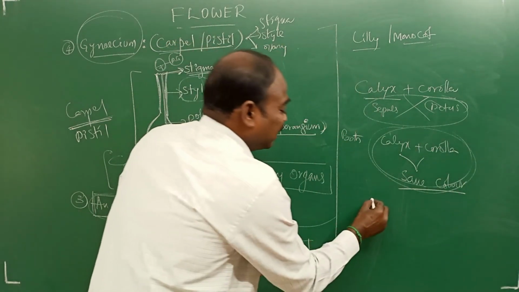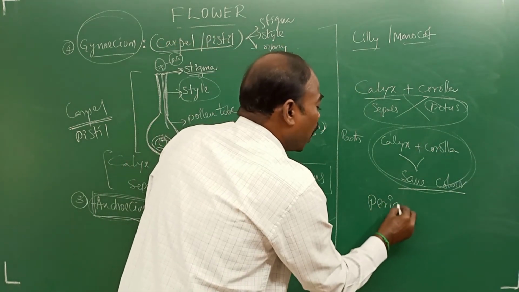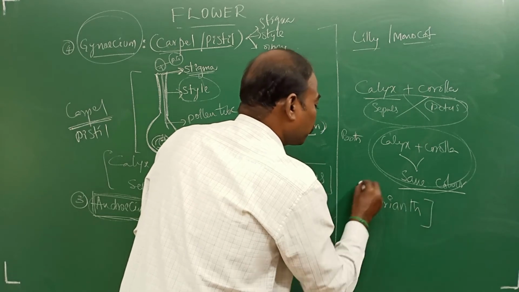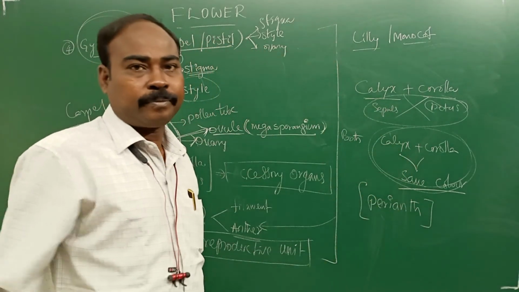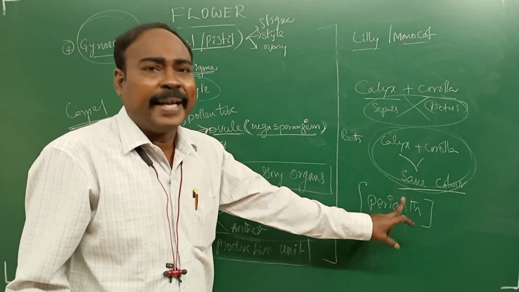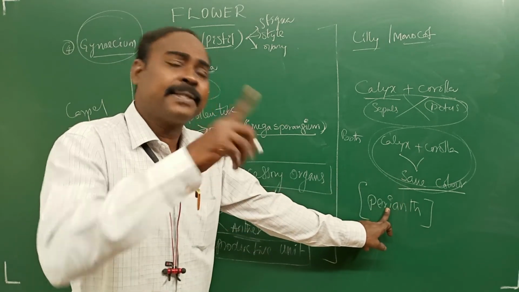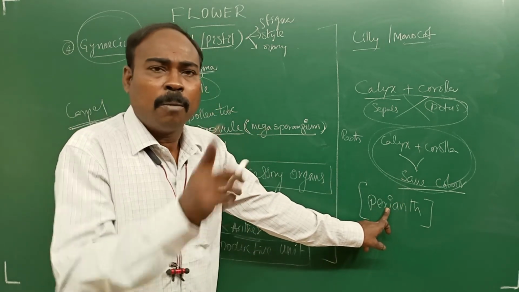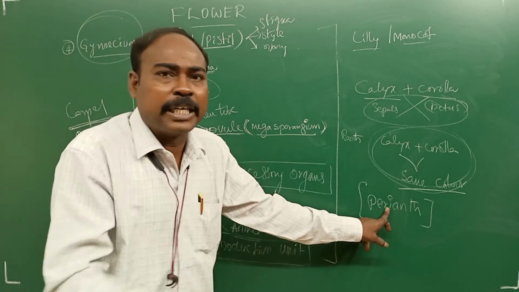There the term used is perianth, one of the important technical terms. Perianth means both calyx and corolla, first whorl and second whorl, both in the same color, with no distinction.